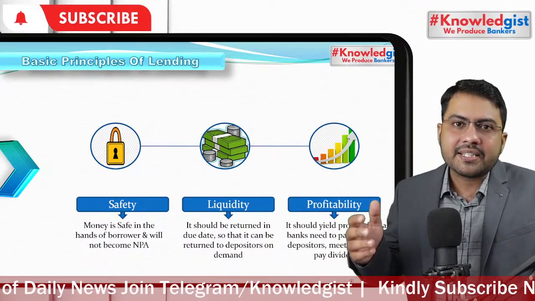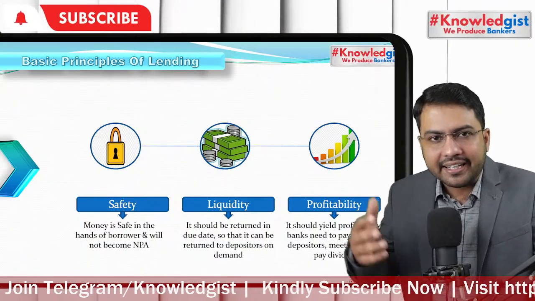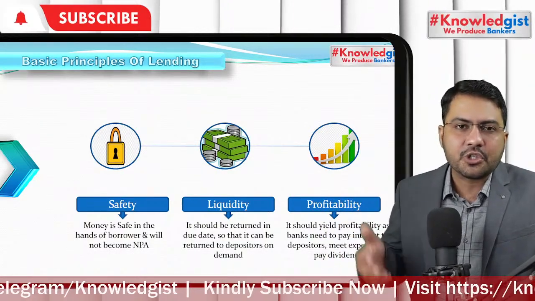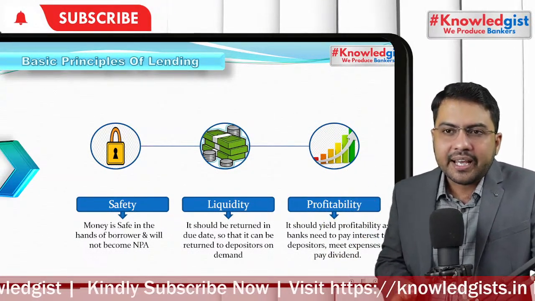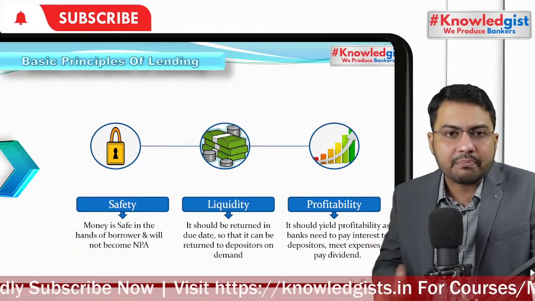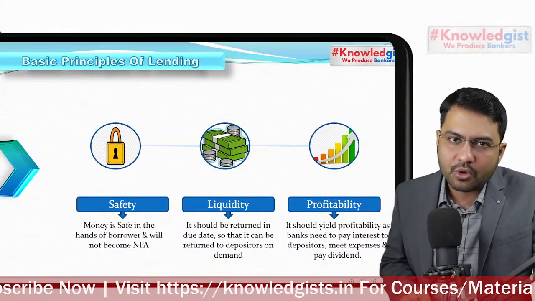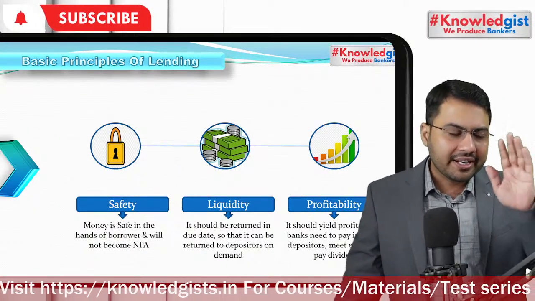That means if his income is suffering, or you have not calculated the DSCR, debt service coverage ratio, or the fixed obligation to income ratio in an unsecured loan case, then having good intention is not sufficient for him to repay your loan in due course of time. So liquidity is the second point that you need to keep in mind.